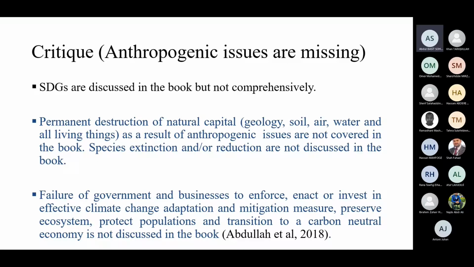Species extinction or reduction are not discussed in the book because these are also resources that should be discussed. Failure of the government and business to enforce an act or invest in effective climate change adaptation and mitigation measures, preserve ecosystem protection, population. So these are the missing points in the book.